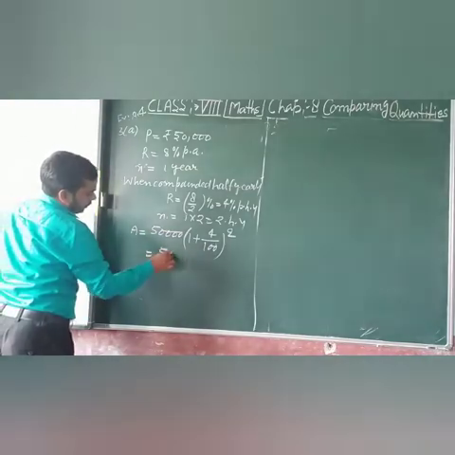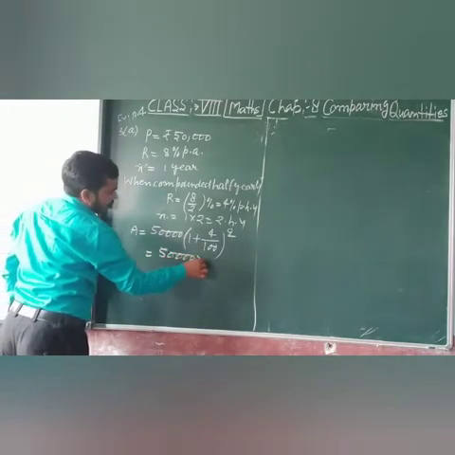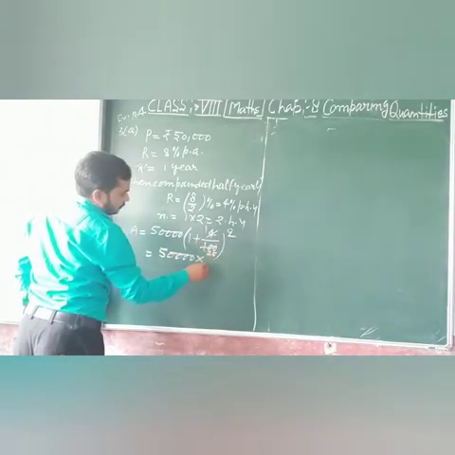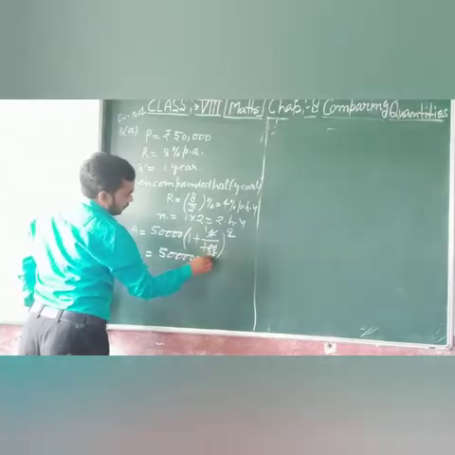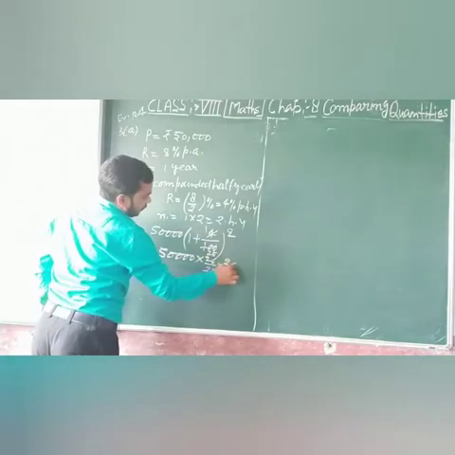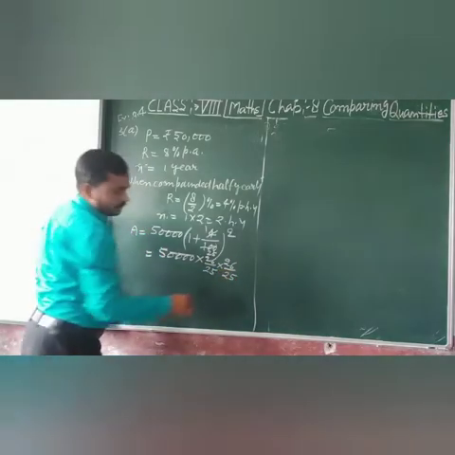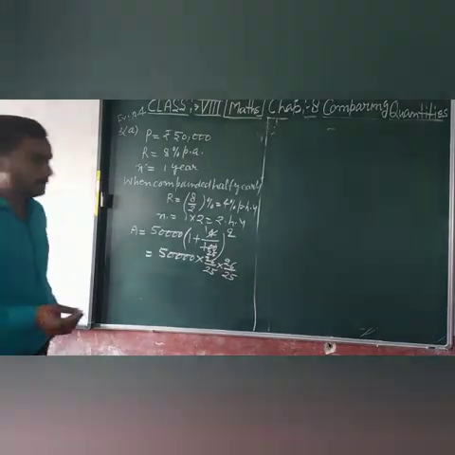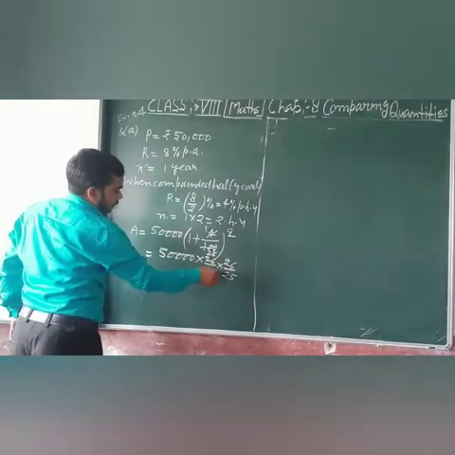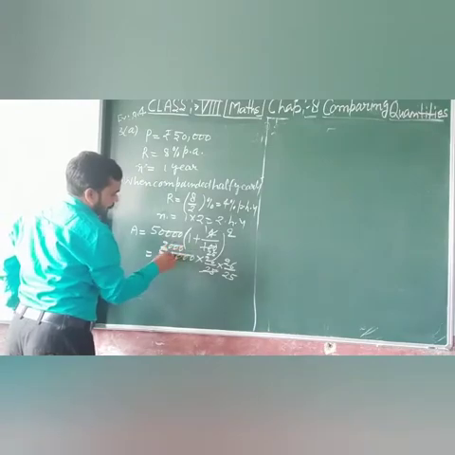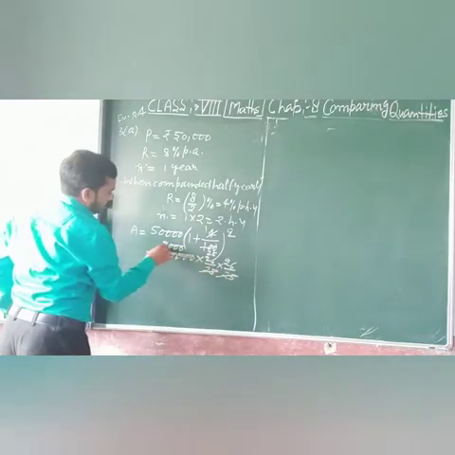So 50,000 multiplied by 4 1 ja 4, 4 25 ja 25, 1 plus 1/25, 26/25, and 26/25. Then when we have solved, 25 2 ja 50, so we have 2000, 25 8 ja 200.